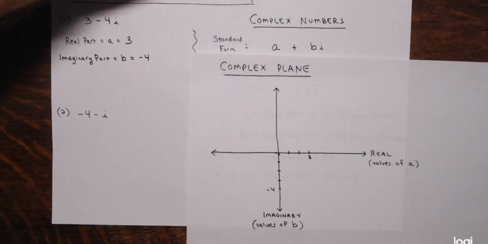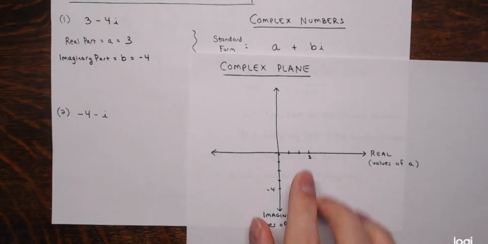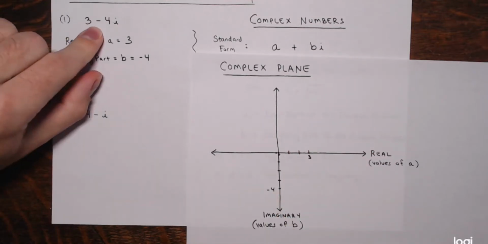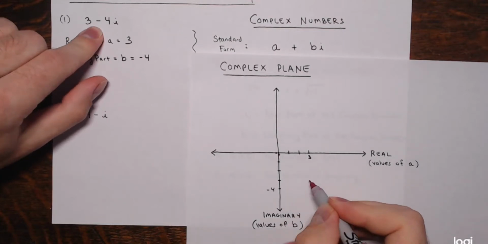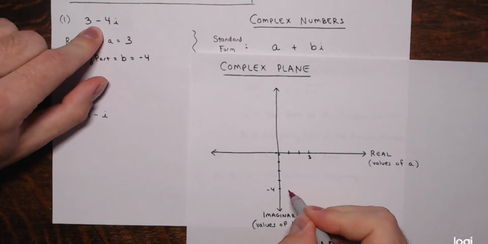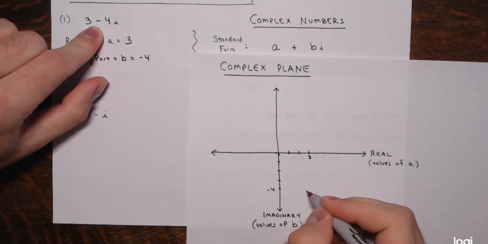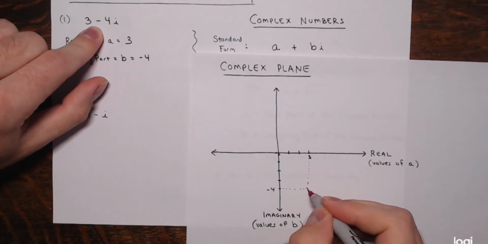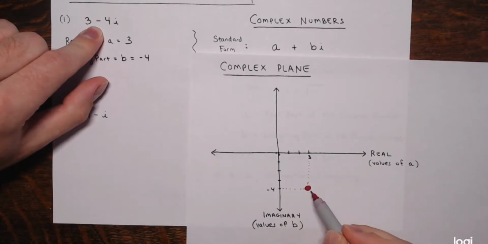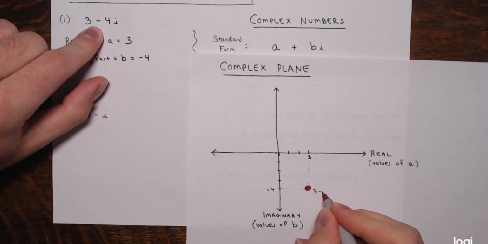And then the point on this plane that represents this number is the point that's in line with 3 on the real axis and negative 4 on the imaginary axis. So this point right here, that big dot I just made. And to label it, I'm putting 3 minus 4i.